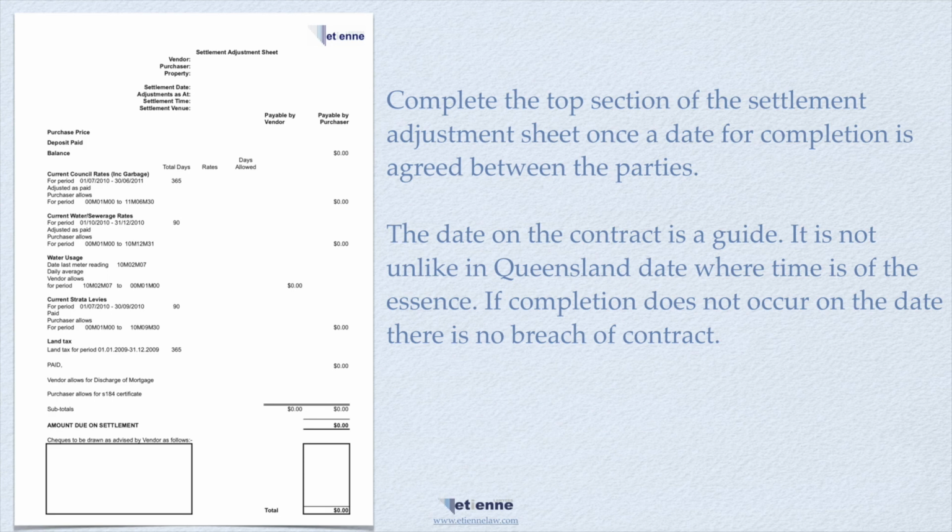For example, we cannot determine how many days you have to pay the vendor for council rates if we do not know when you will start to be the owner of the property. Once a proposed date for completion is set, we start work on preparing the settlement sheet. In the example, the parties agreed to complete on 16 June 2016.